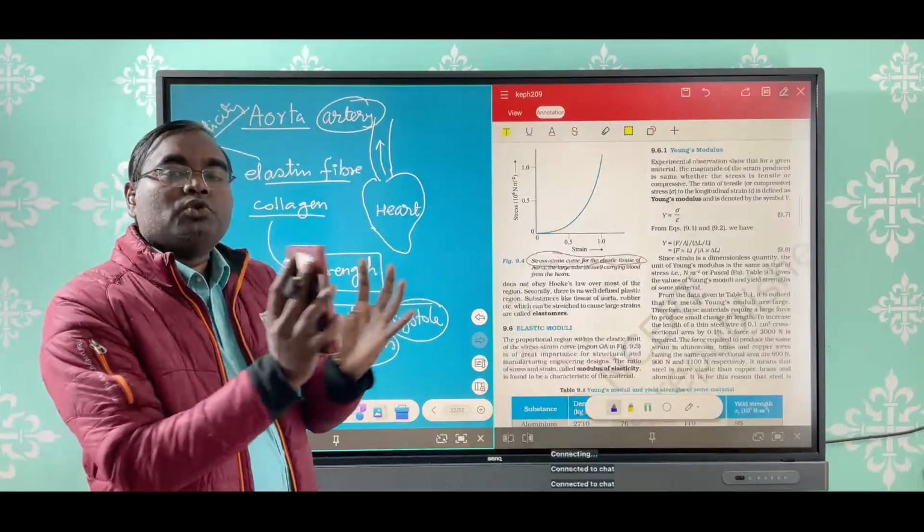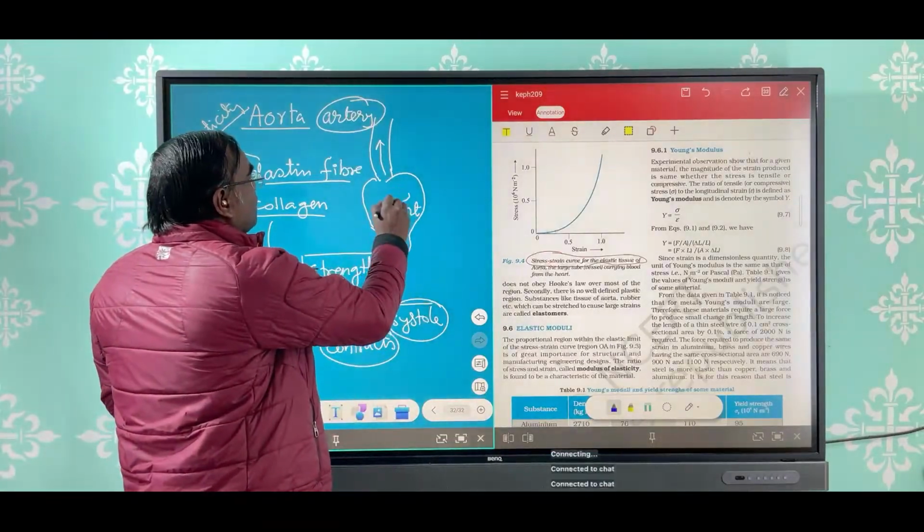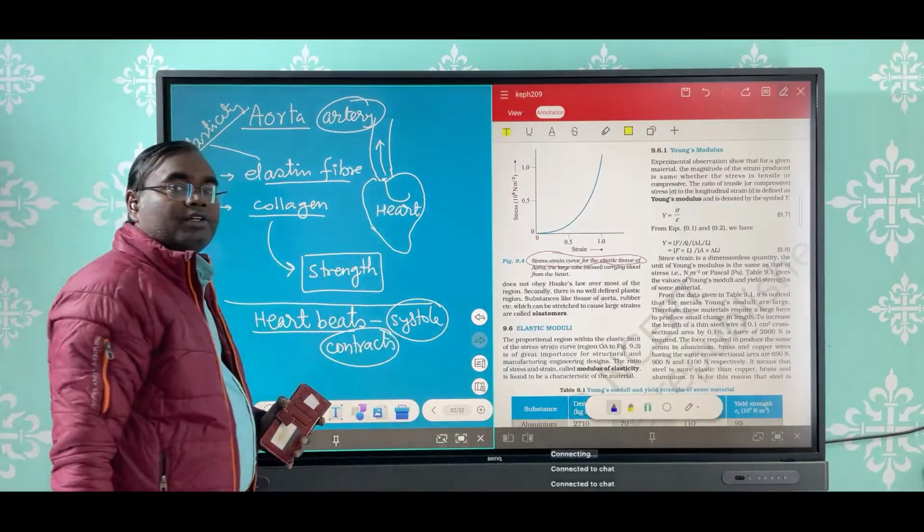एकदम से क्या होता है सिकुड़ जाता है, उसके बाद क्या होगा, the blood will go outside through this aorta.